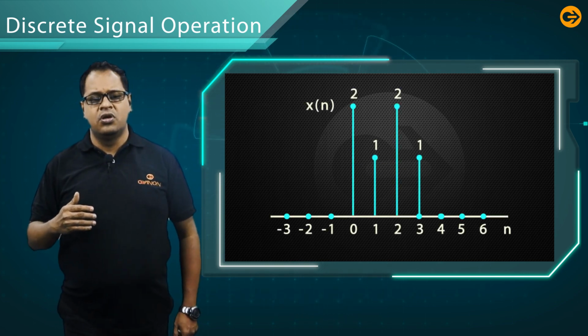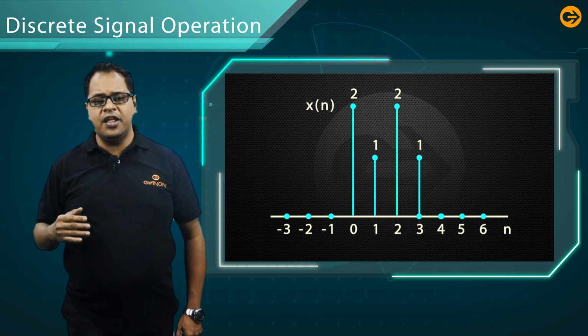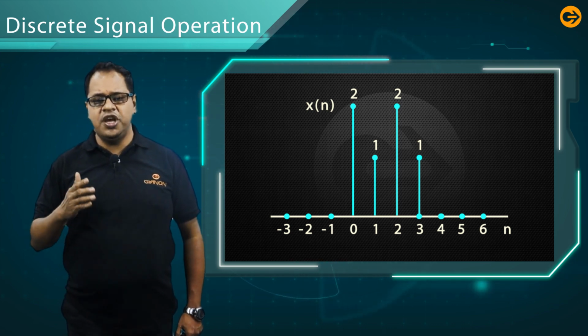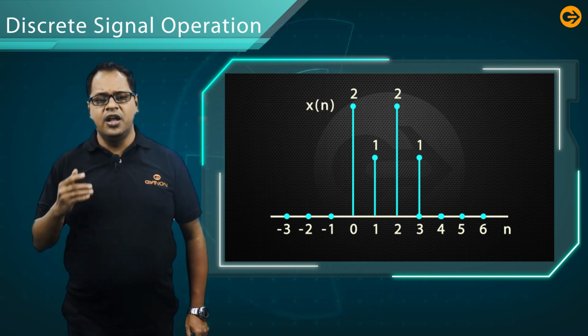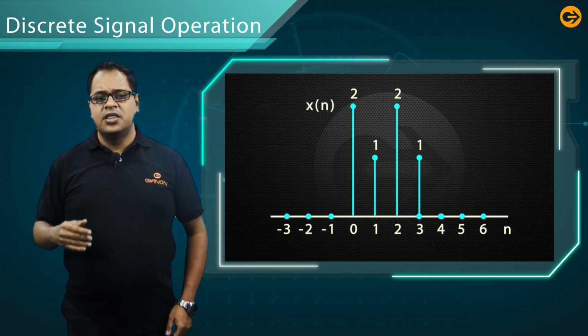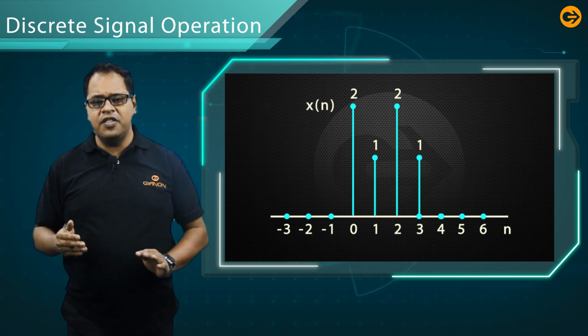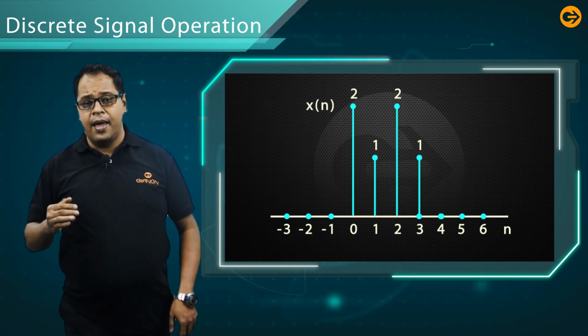The shift operation takes the input sequence and shifts the values by an integer increment of the independent variable. The shifting may delay or advance the sequence in time.